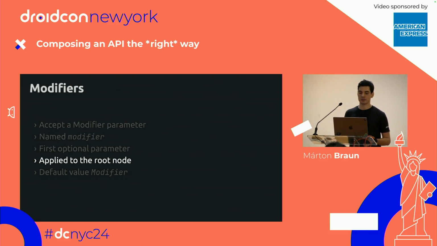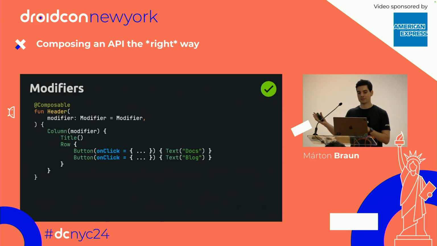But before that, I want to talk about this one, which is that you should apply your modifiers to the root node. So as you have your incoming modifier parameter, whatever is at the root of the component that you are creating, in this case, it's that column over there, that's the component that should have the modifier passed into it. To the external world, whoever is looking at this header component, it looks like a column, it behaves like a column, and if they want to change the background color of it, for example, then that should affect the entire column.